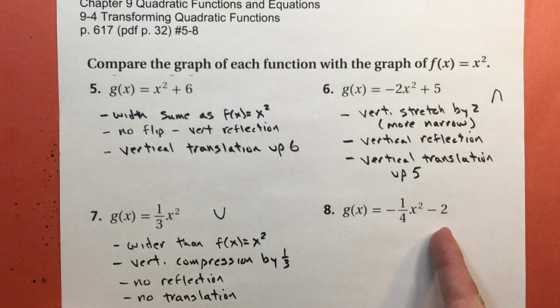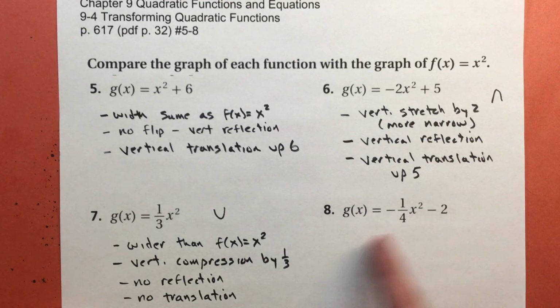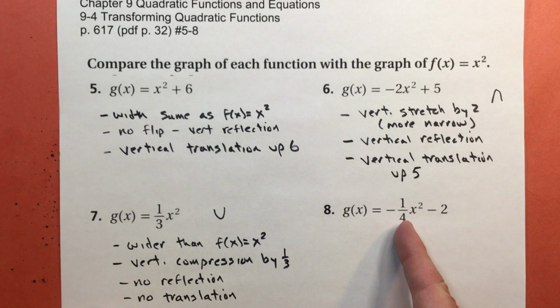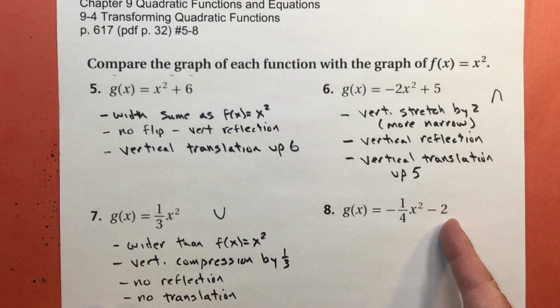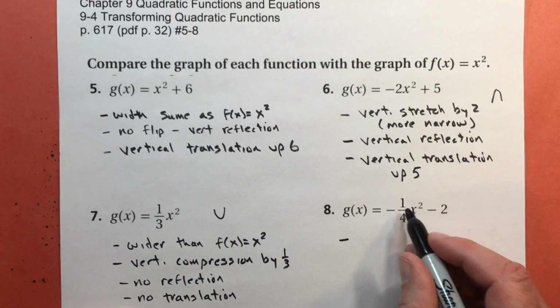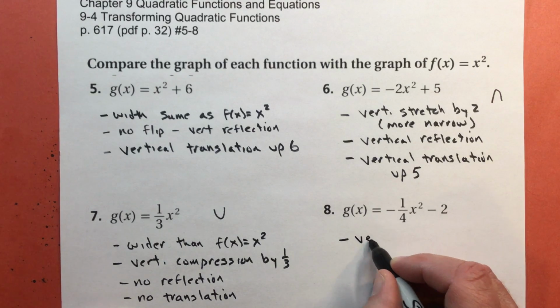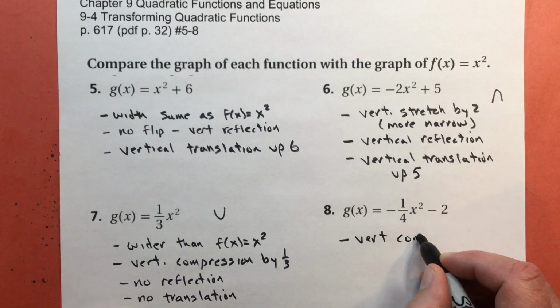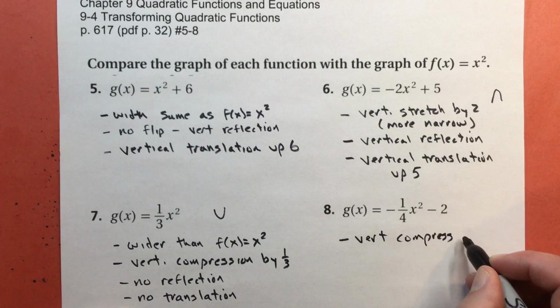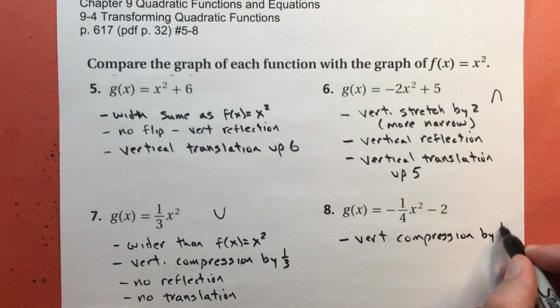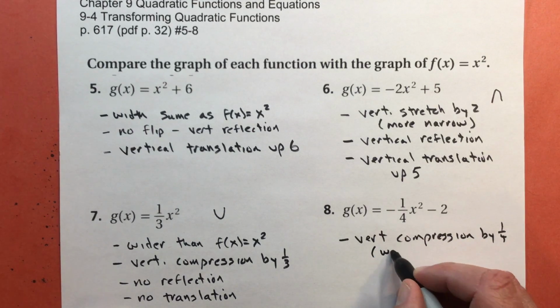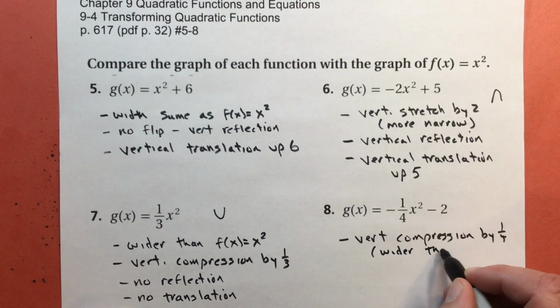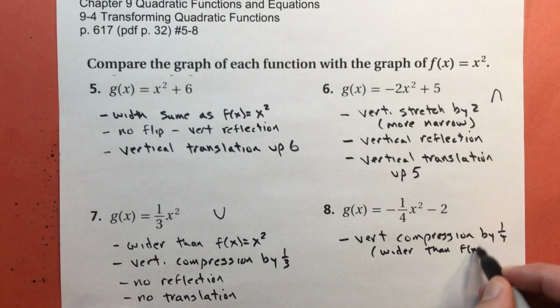Finally, for problem number 8, just like number 6, I have 3 things. This one only had 1 thing, that one only had 1 thing. This one has 3: the 1/4, the negative, and the subtracting 2. The 1/4 means I have a vertical compression by 1/4. That means it is wider than the parent function.